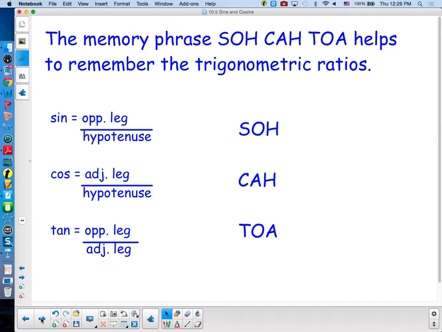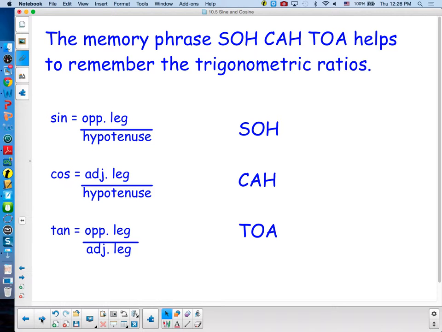The CAH, cosine, is adjacent over hypotenuse. And then TOA, tangent, is opposite over adjacent. So that little phrase tells you what trig ratio and what the sides are that you make in the fraction. So that's kind of your key to learning this part of geometry.